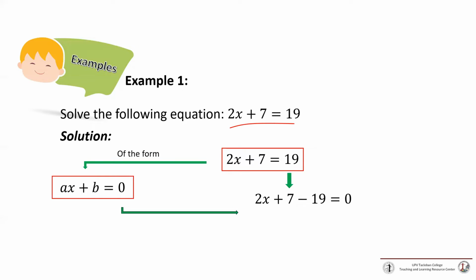Then simplifying that, we have 2x minus 12 is equal to 0. So we see that a is equal to 2, b is equal to negative 12. Because this 2x minus 12 is already the form ax plus b, where a is 2, b is negative 12.